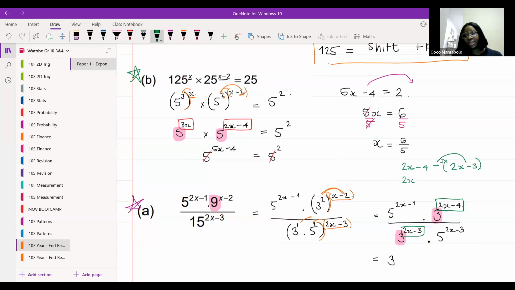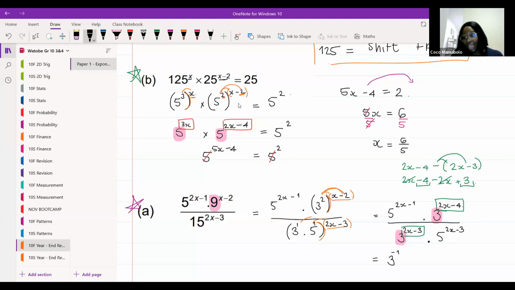I'm going to get 2x minus 4 plus minus 2x plus 3. Plus 3, correct. Plus 3, good. So we now know that 2x minus 2x is going to give us 0. Yes? Yes. Good. Now I have minus 4 plus 3 left. What is minus 4 plus 3? Negative 1. Beautifully done. Negative 1.